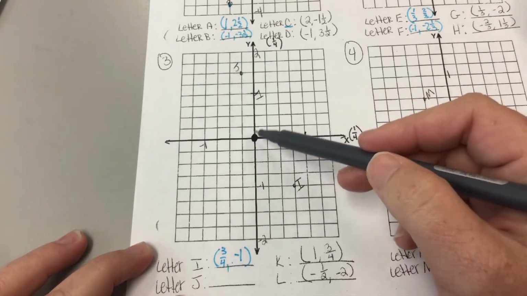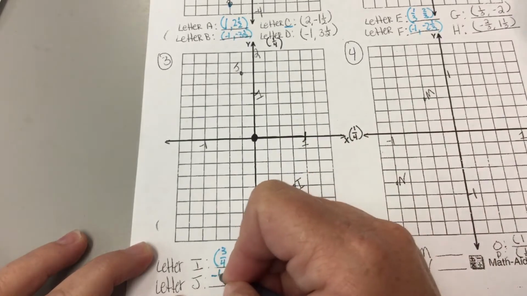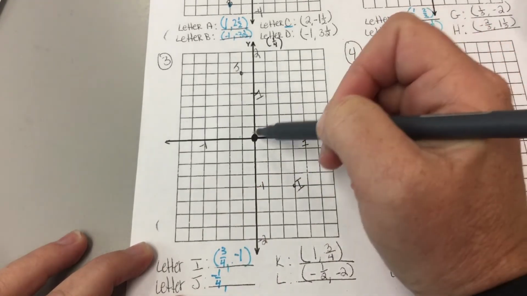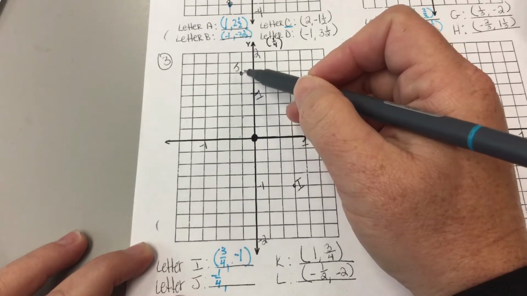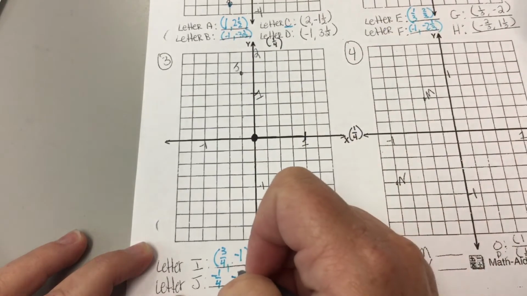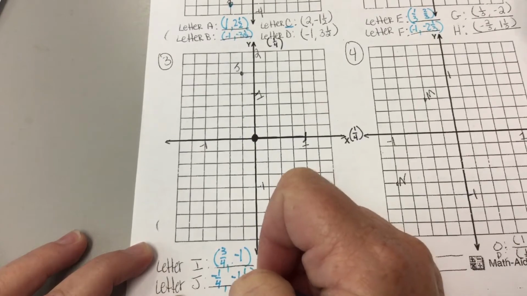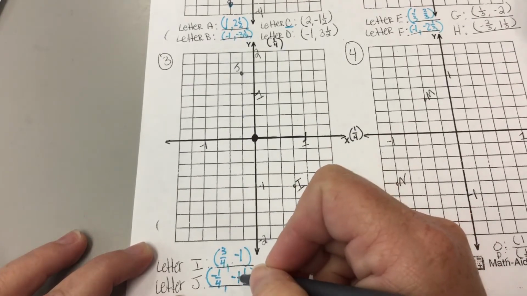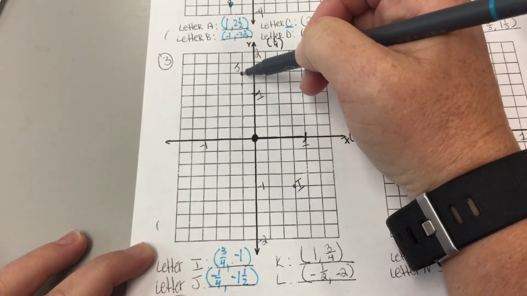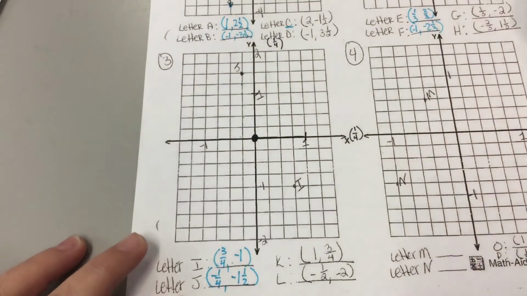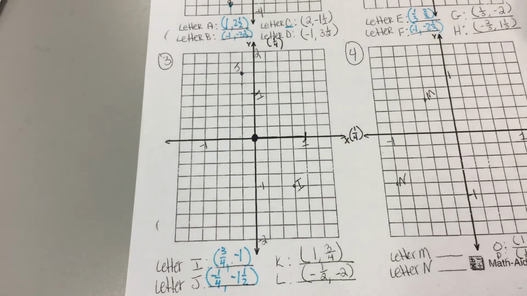J is way over here, so it's going to be -1/4. And 1, 2, 3, 4, 1 whole. 1, 2, so it's going to be -1 1/2. And I could have written this as -1 2/4 because it did go 1/4, 2/4. Either one would have been sufficient and correct, so that's okay.